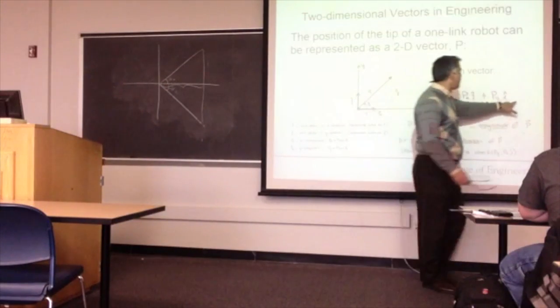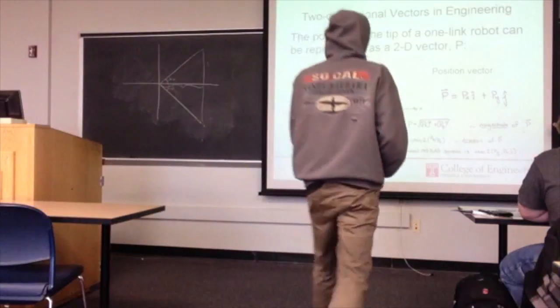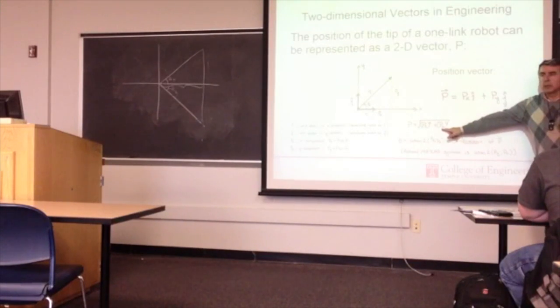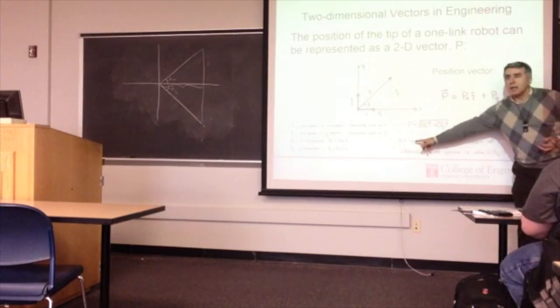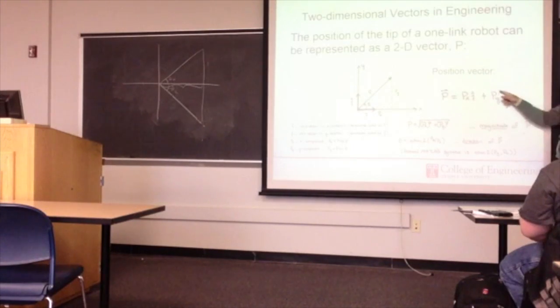If somebody gives you a vector like this and asks, does that vector have a magnitude, what do you say? Yes, and the magnitude is this. Does your vector have a direction? Yes, and that is theta. And it is all based on how you are describing it.